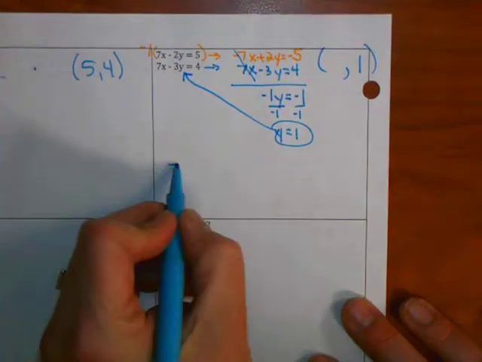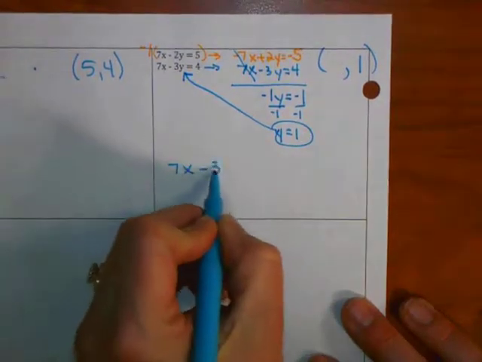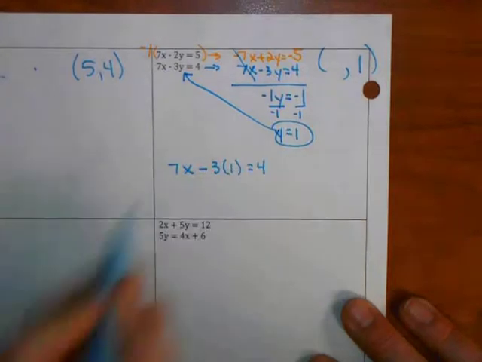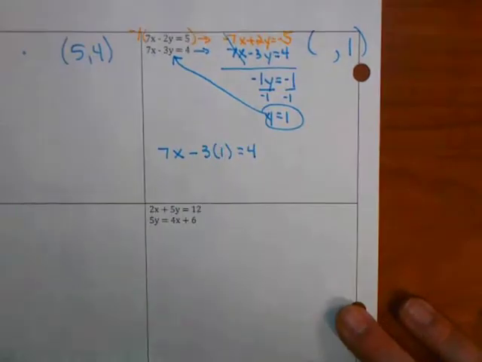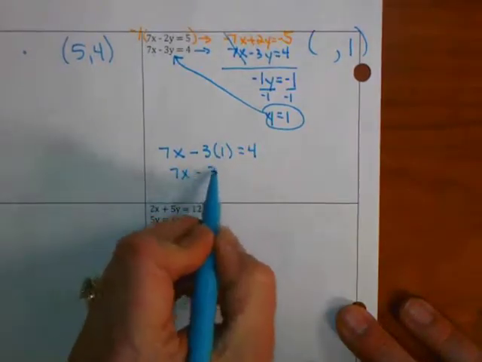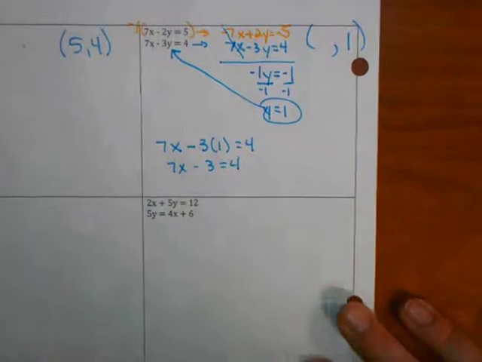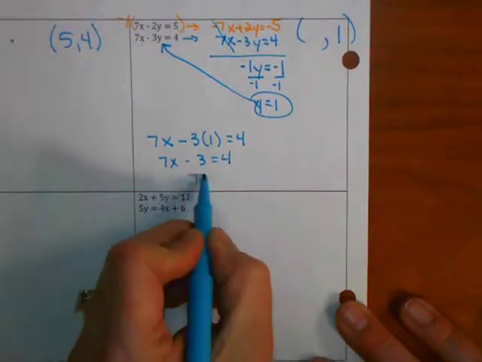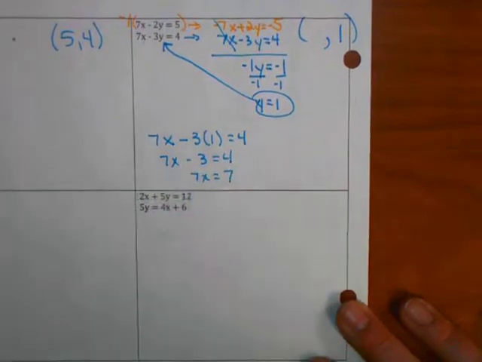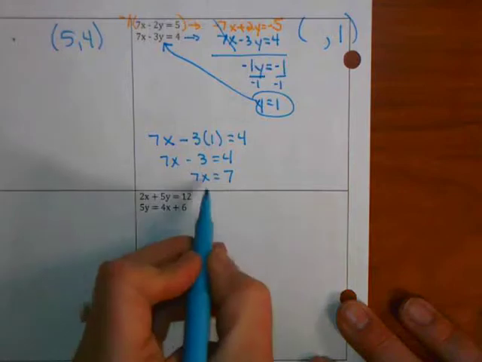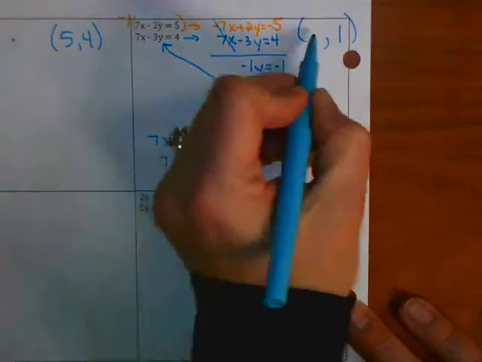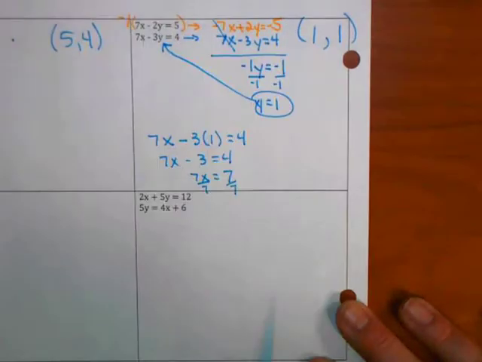You can plug it into any of them. 7x minus 3 times 1 equals 4. 7x minus 3 equals 4. Add 3 to both sides. And x is going to equal what? 1 again. 1, 1.